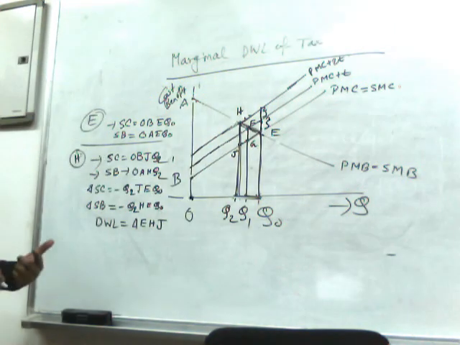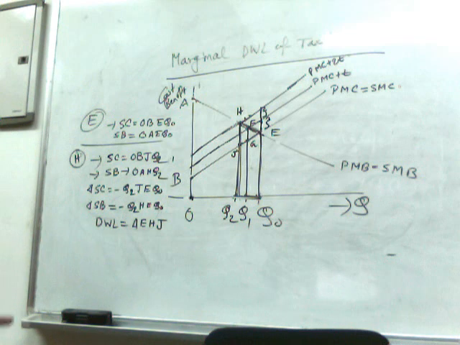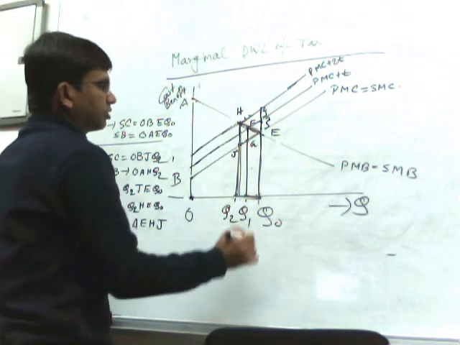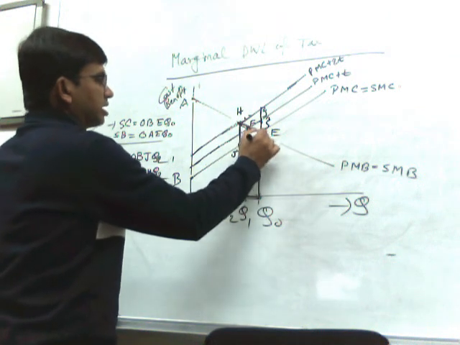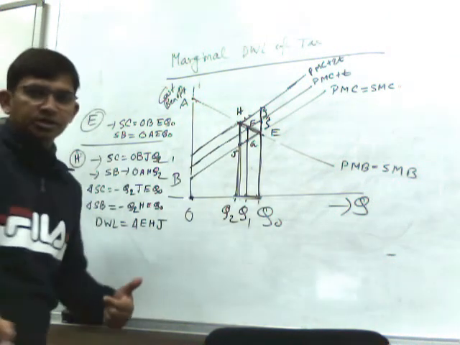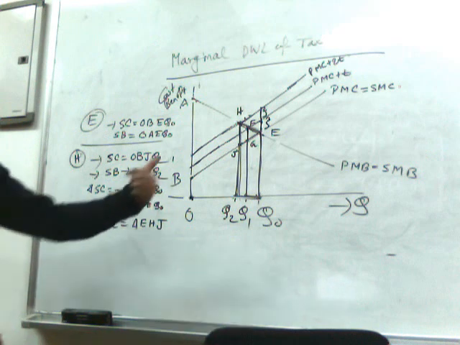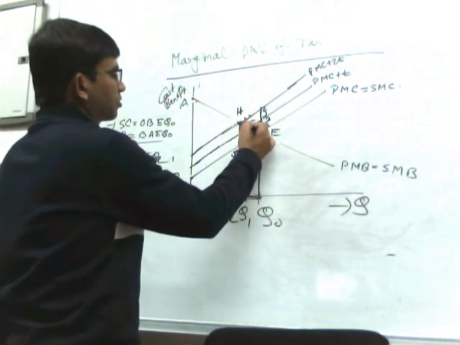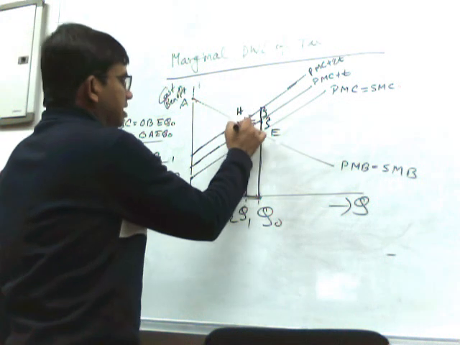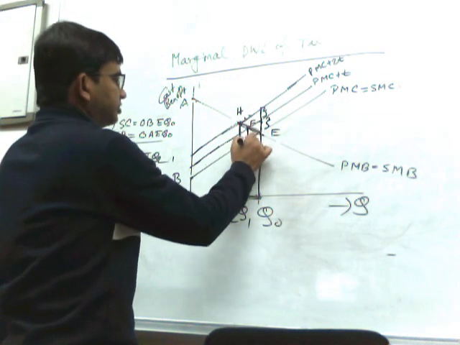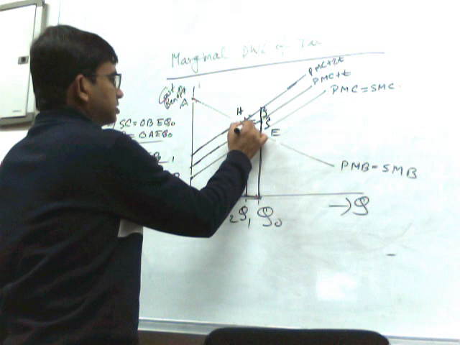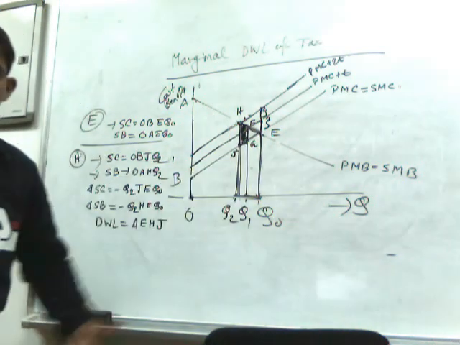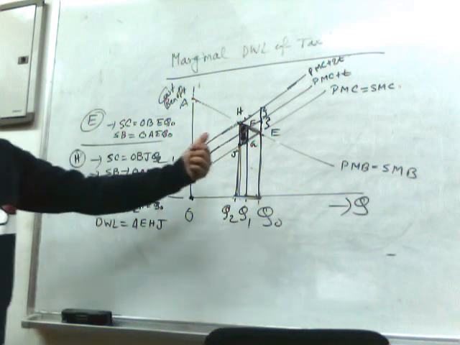So what is the marginal deadweight loss? Initially the deadweight loss was EFG, now it is EHJ. So the marginal deadweight loss will be represented by the area of the trapezium or quadrangle JHFG.